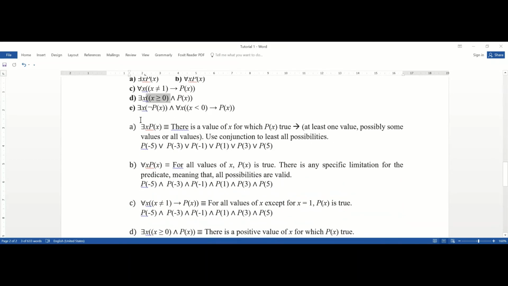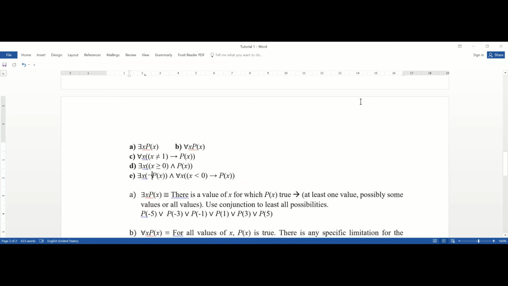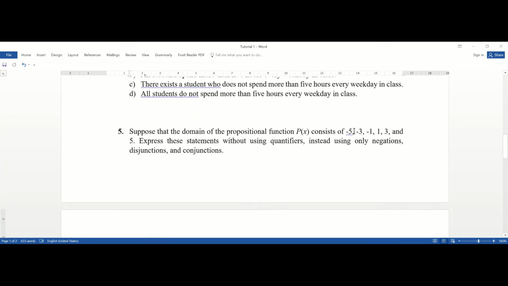How about E? E has a bit of an idea. I'm not going to answer it, but I will give you the clue, the trick, how you will answer it. Now look, you have a composition of two propositional statements, or compound statements here. You have the existential quantifier of a negated P(x). How do I get this one? Put not P(-5), not P(-3), not P(-1), and so on.